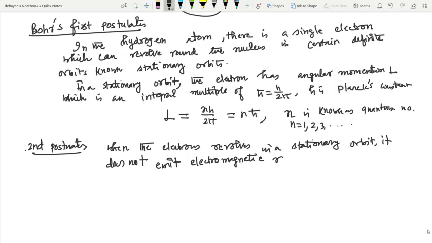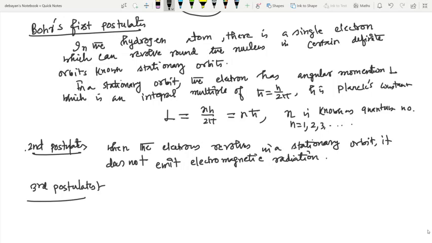And the third postulate is that emission of electromagnetic radiation from the hydrogen-like atom takes place when the electron makes a transition from one stationary orbit to another.